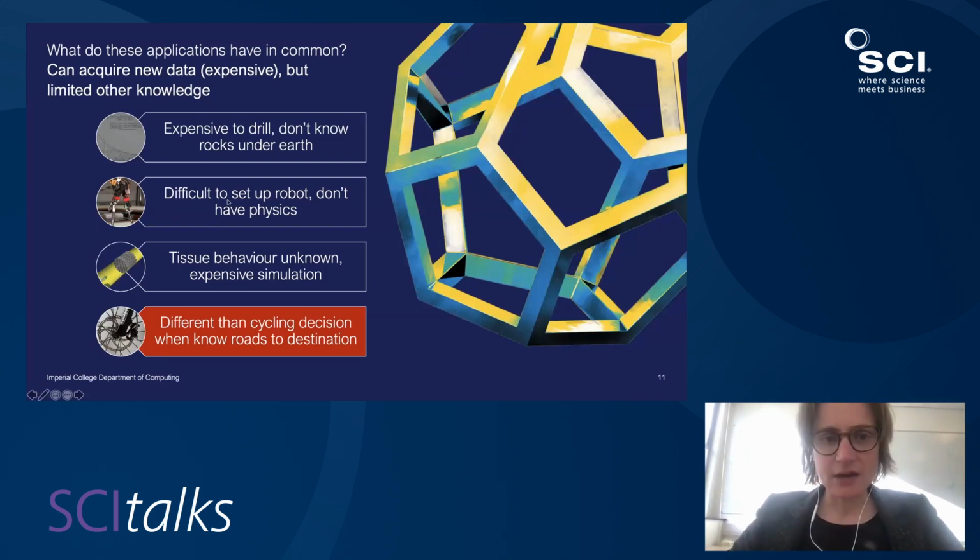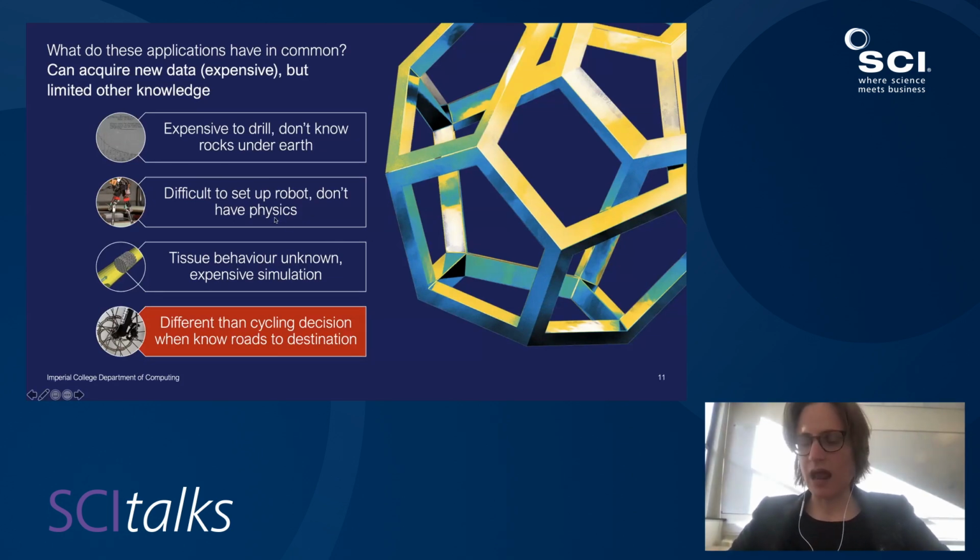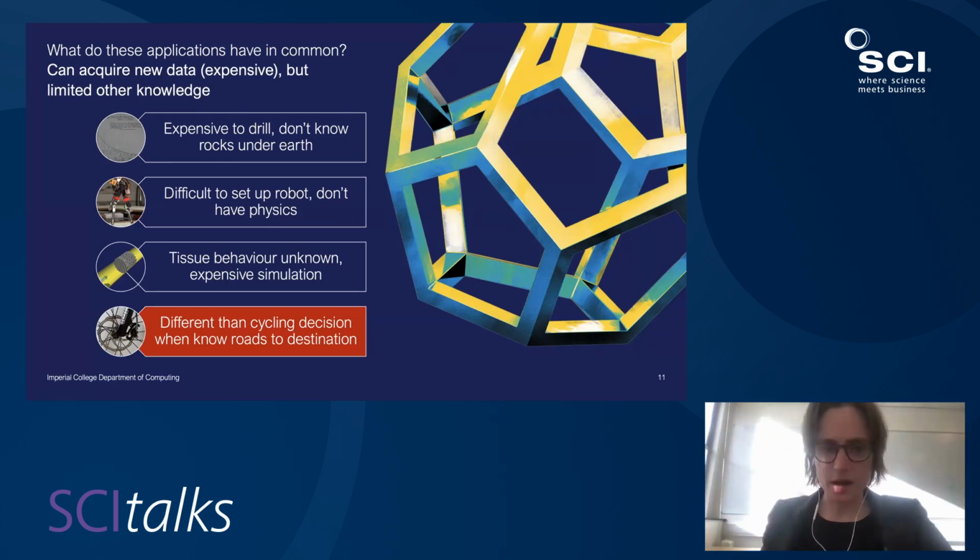The other example that I gave with the robot, well, it's difficult to set up the robot, so that's expensive. And maybe for this particular example, we don't have some sort of physics-based understanding for how the robot operates. With the tissue engineering example, it was an expensive simulation. It takes a while to run this CFD simulation, and the tissue behavior itself is unknown.